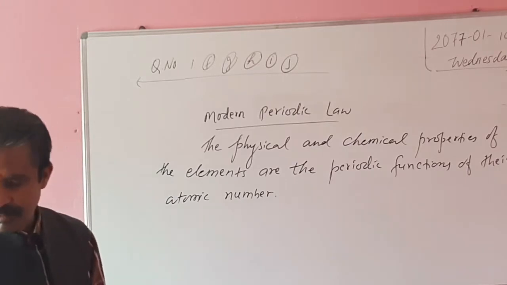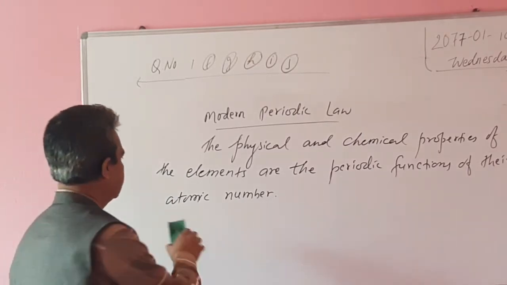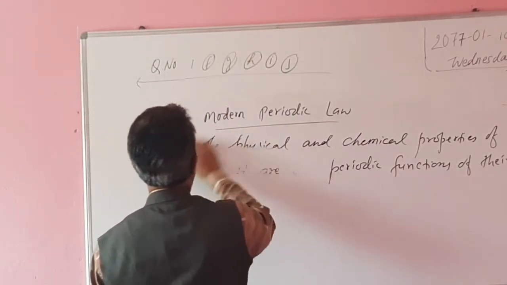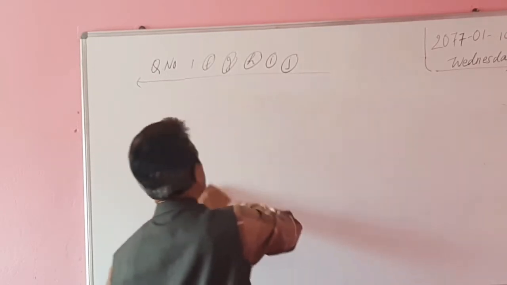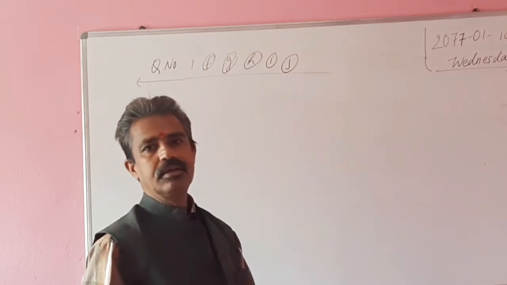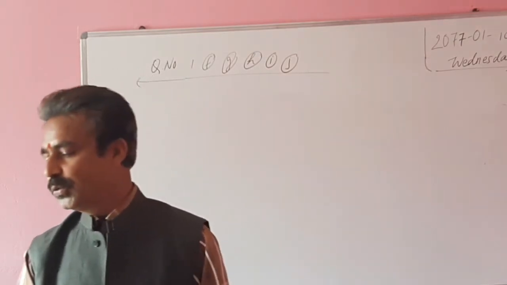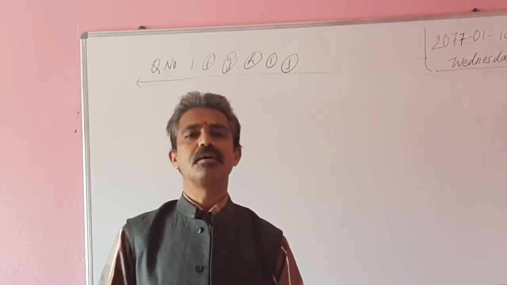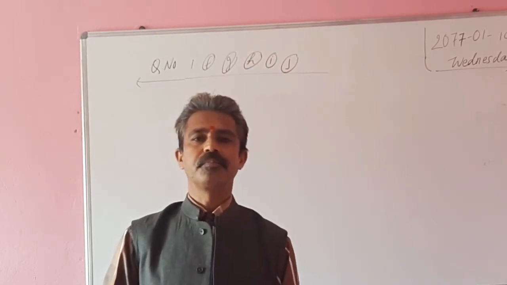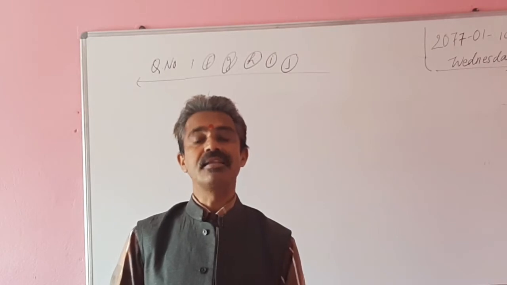Okay? Propounded by Henry Moseley in 1913 AD. In which year? 1913. And by the way, tell me, who propounded Mendeleev's periodic law? Simple. D.I. Mendeleev in 1869 AD. Okay?